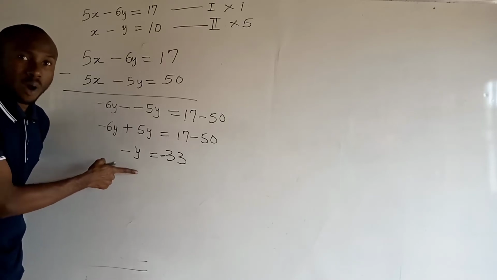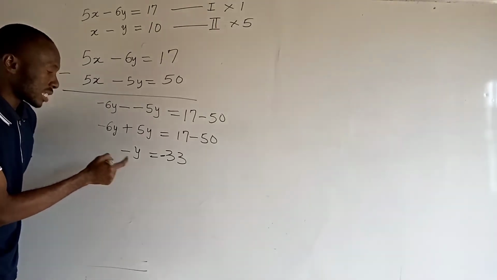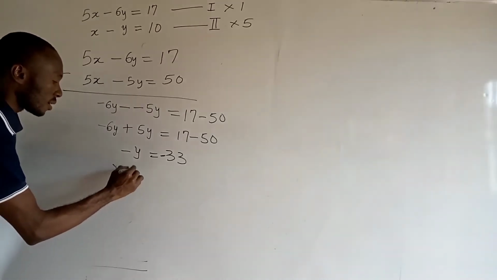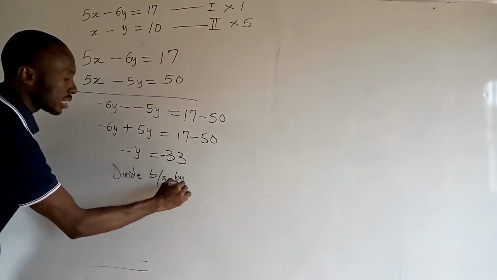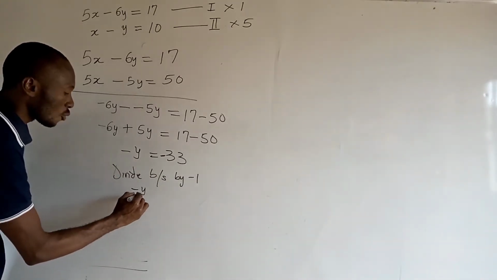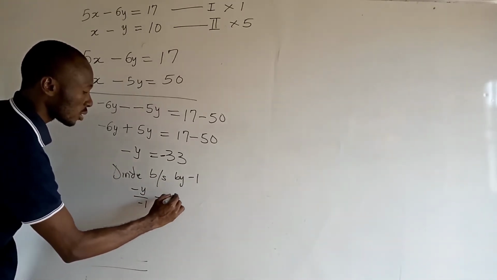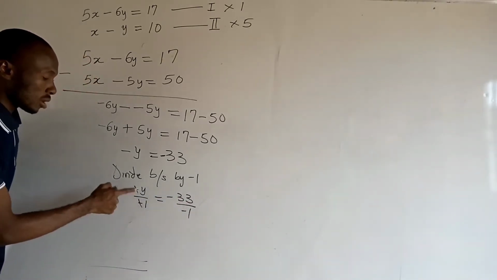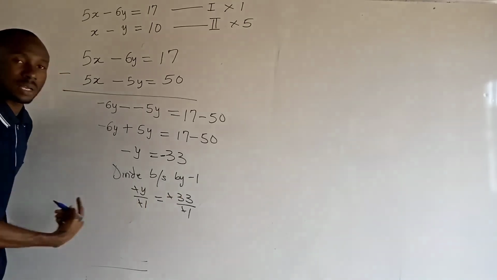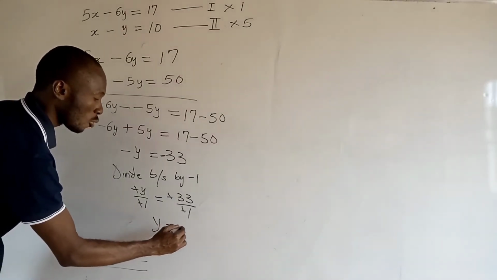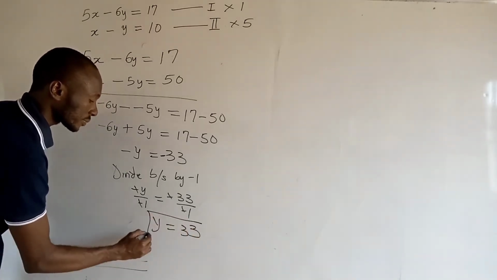Remember, we are looking for y and not negative y. So the coefficient of y is negative 1 here. So I'll say divide both sides by negative 1. So you have negative y upon negative 1 is equal to negative 33 upon negative 1. And this will thereby cancel out the negative signs of the two numbers on both sides of the equation. So we have now that y is equal to 33.